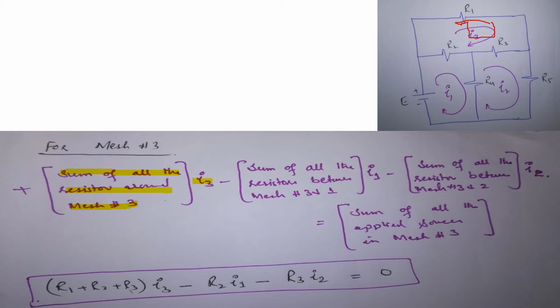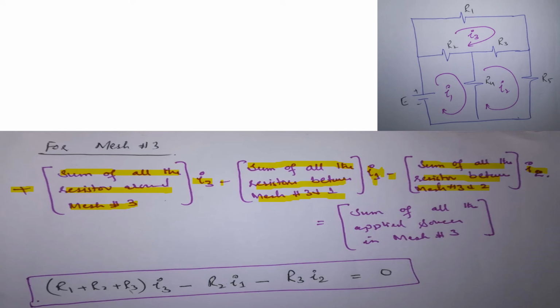We are taking mesh 3 as the reference, so the current of mesh 3 is positive, minus the sum of all the resistors between mesh 3 and mesh 1 multiplied by the current of mesh 1, because we are comparing mesh 3 with mesh 1, minus the sum of all the resistors between mesh 3 and mesh 2 multiplied by the current of mesh 2, because we are comparing mesh 3 with mesh 2.